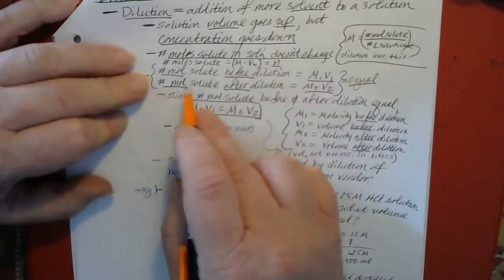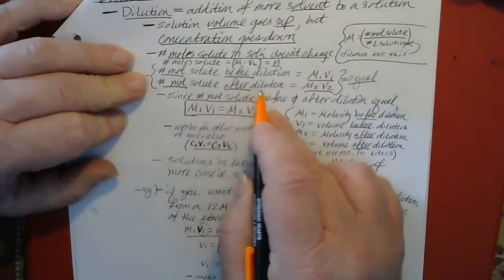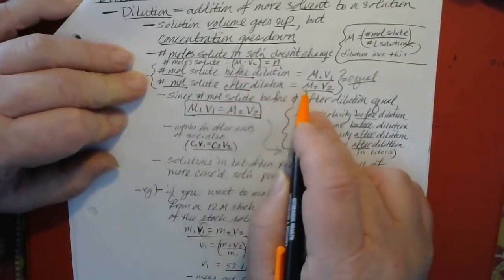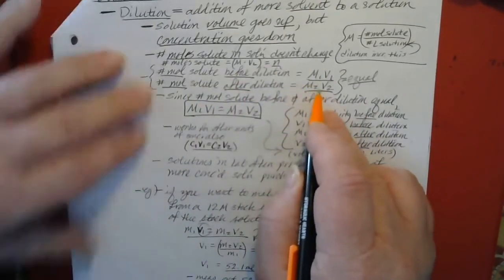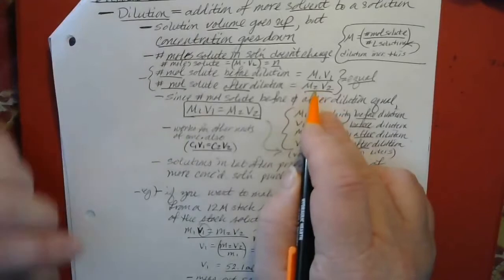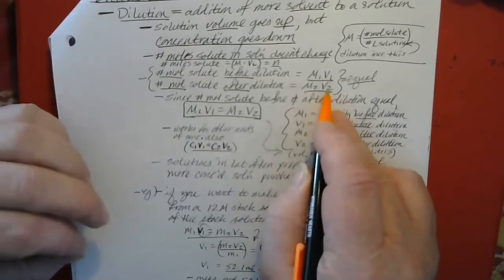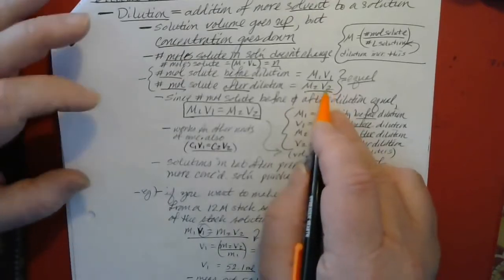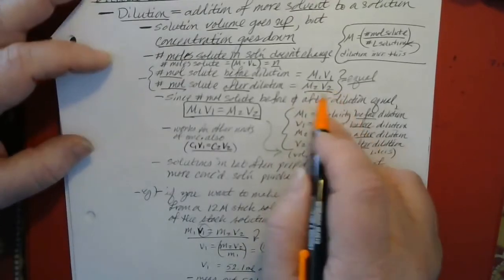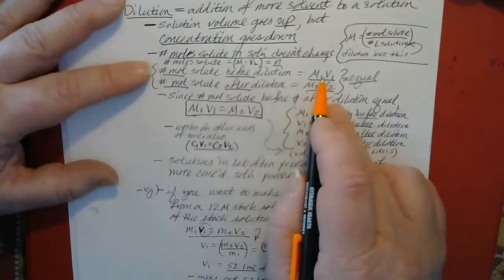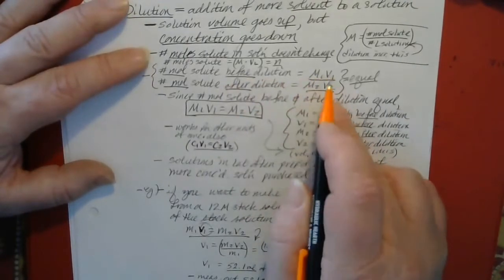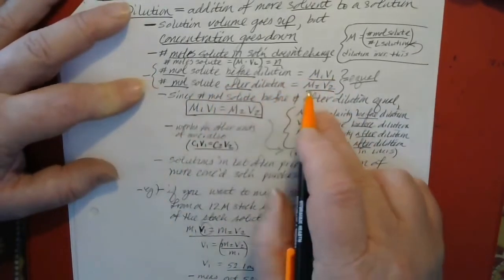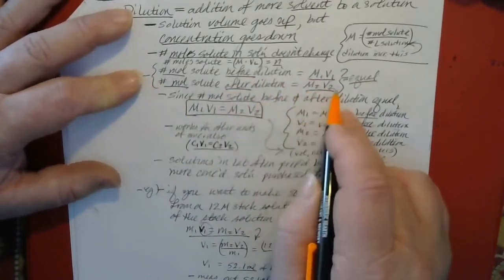The number of moles of solute dissolved in the solution after you dilute it is M2, the later or second molarity, times V2, the new or second volume of the solution after you dilute it. So moles of solute before dilution would be M1V1, and after dilution would be M2V2.